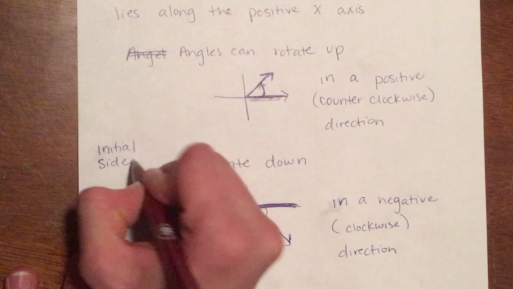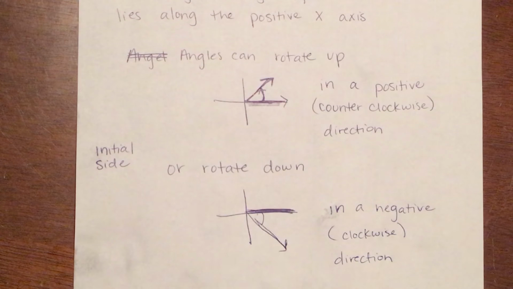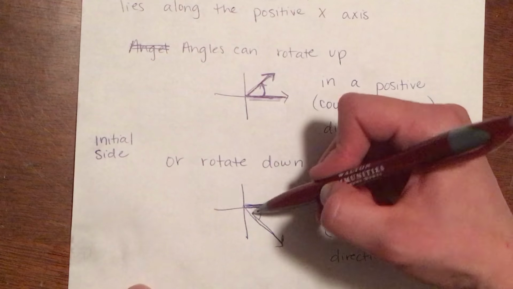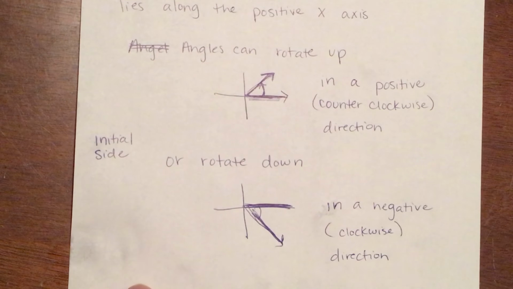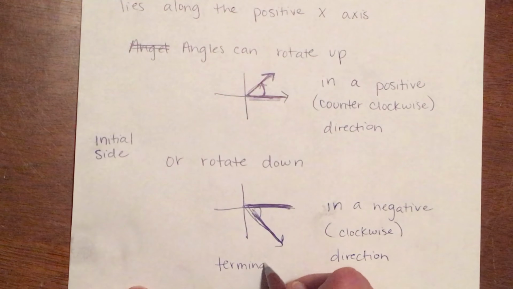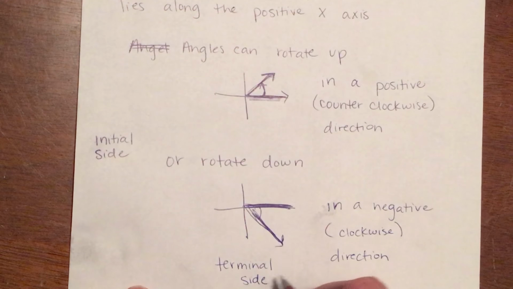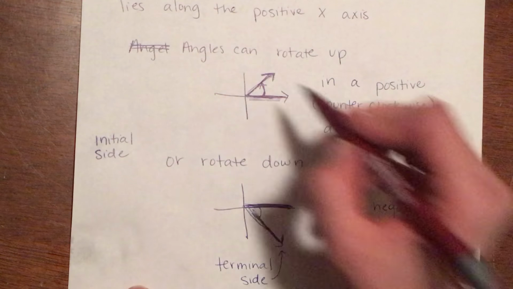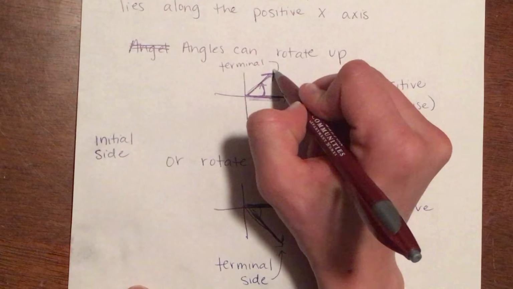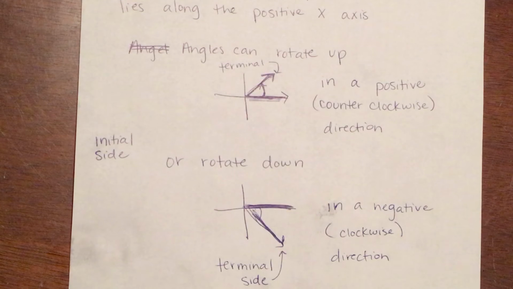We're not really going to use that word much, but you do need to know that the other part of my angle, up here and down here, is called the terminal side. So that's terminal, and that's terminal. So hopefully you can see that.